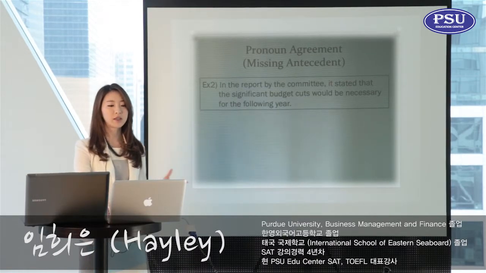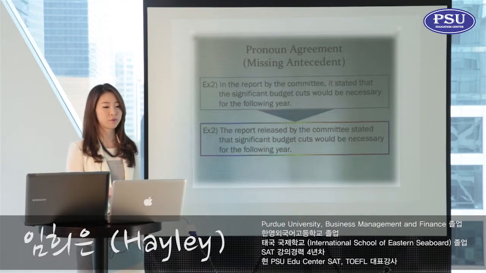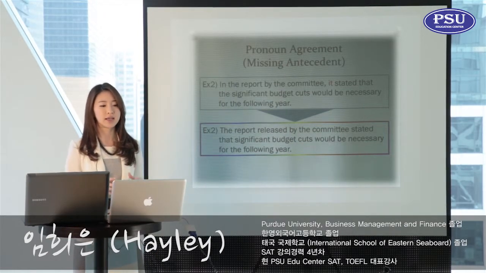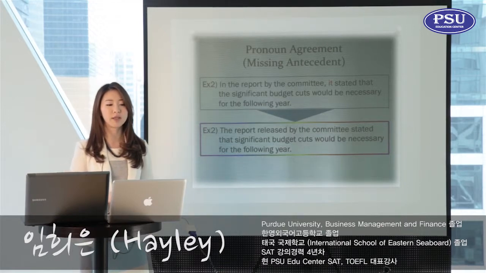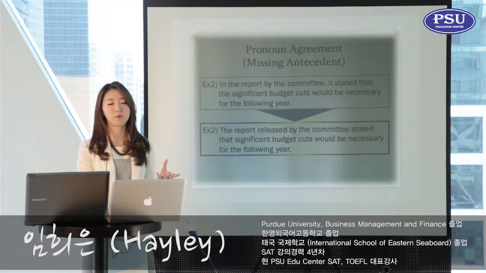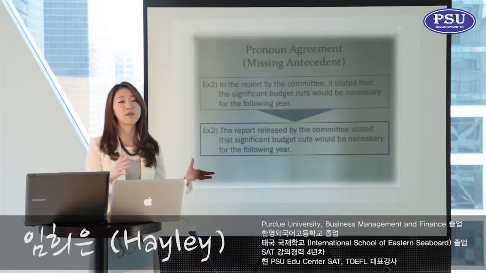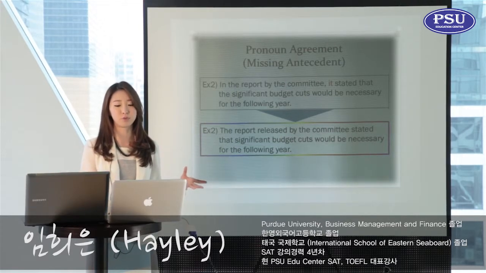So it should be really clear with what it refers to. It should be changed to, the report released by the committee stated that the significant budget cuts would be necessary for the following year. So what you always have to be careful is if the word it or they comes out, make sure that there is a subject at the front that can be referred to by these two pronouns, okay?